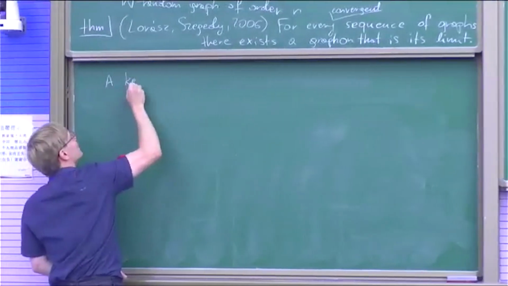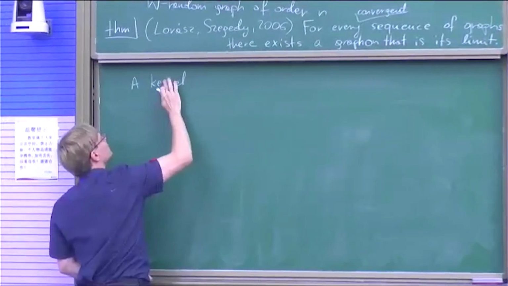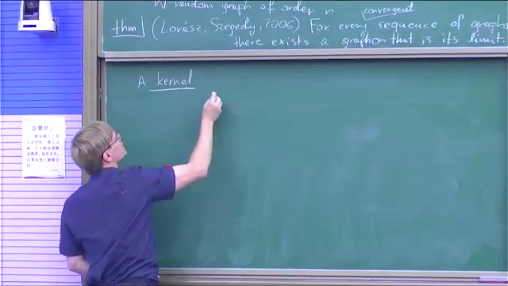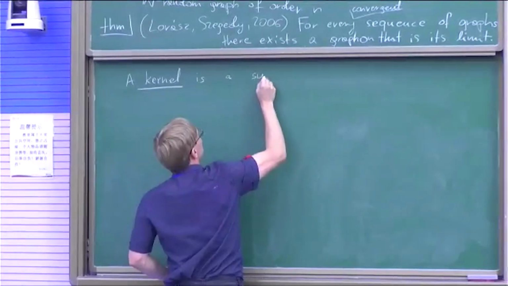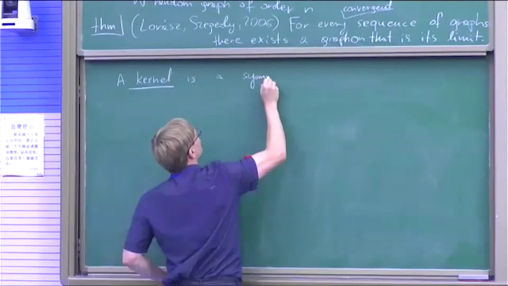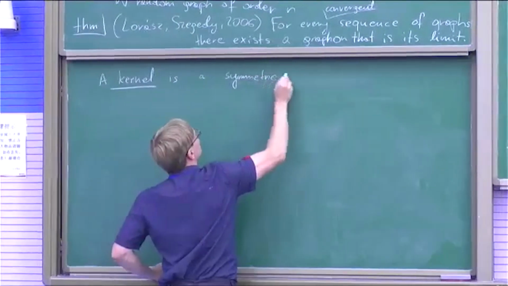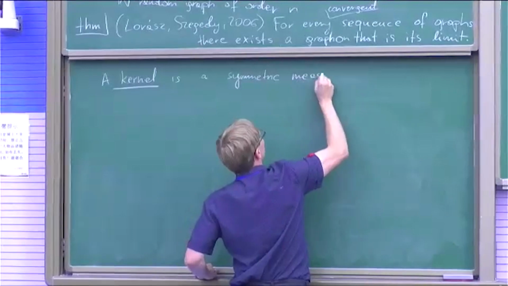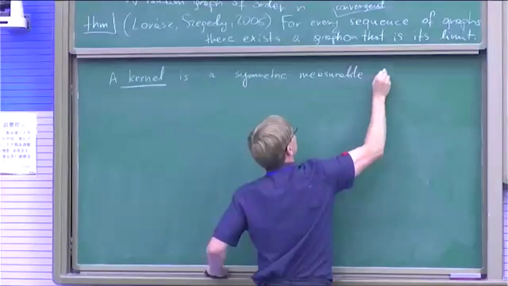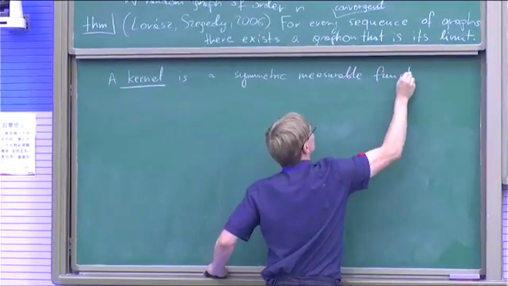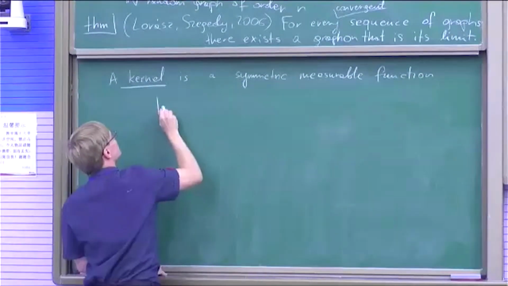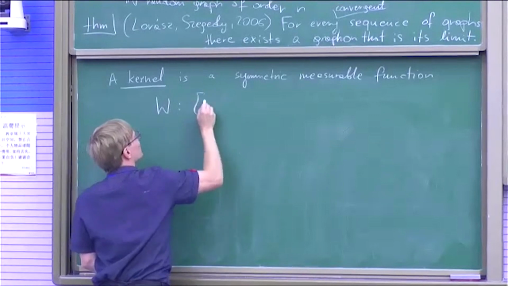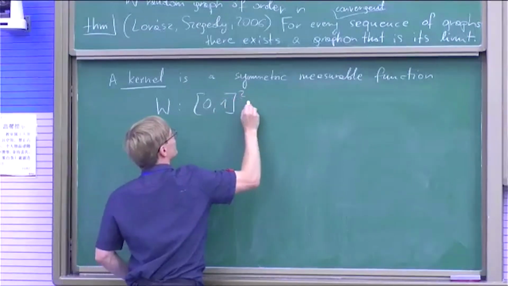So let me say what a kernel is. A kernel is a symmetric measurable function from [0,1] squared.